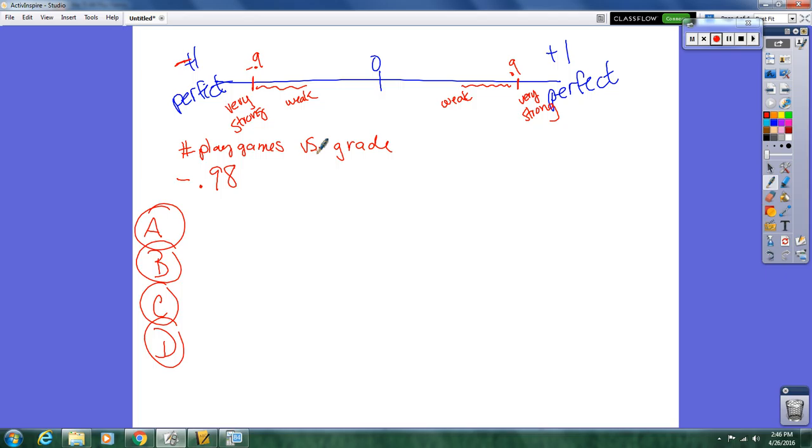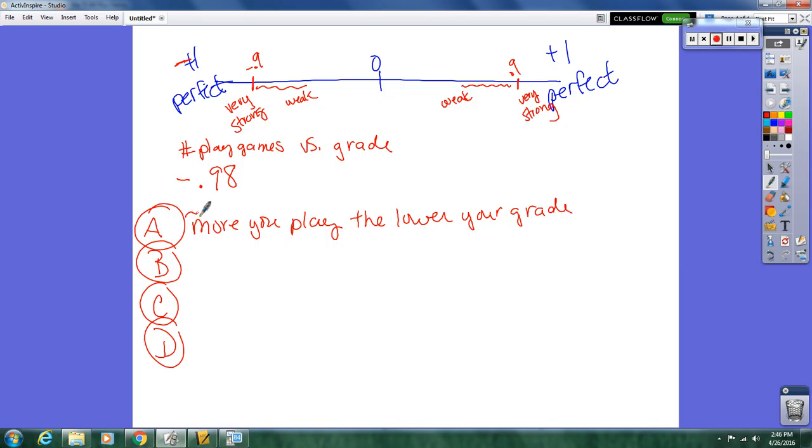If one goes up, the other goes down. So an answer might be: the more you play, the lower your grade.